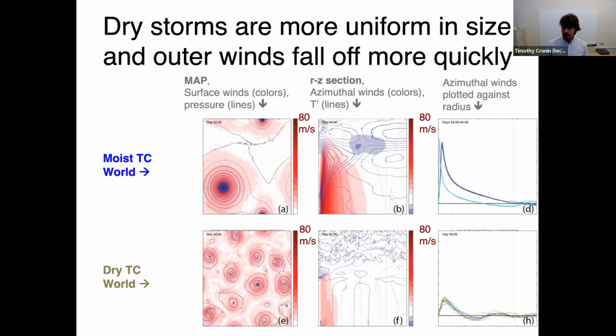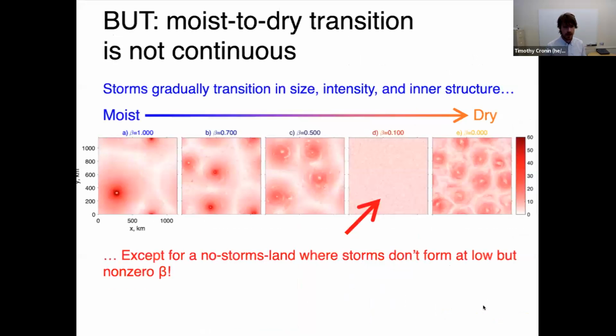So we also wanted to understand whether the transition between these very different sort of vortex structures is continuous or not, and that's where some things get pretty interesting. We found that the moist to dry transition is mostly gradual, but then there's also this discontinuity where storms don't form spontaneously at low but non-zero surface wetness. We've tried to understand this and not come to a definitive conclusion, but what we have been able to do is basically take a moist simulation and gradually dry it out.